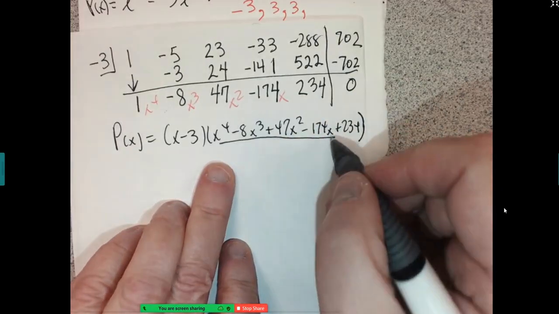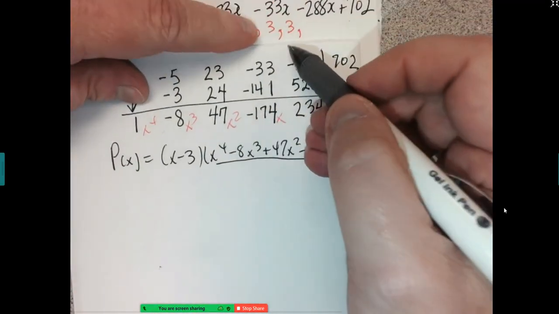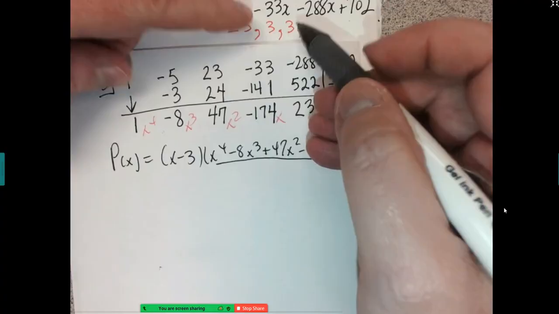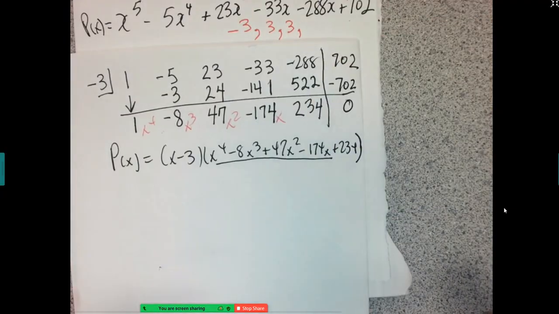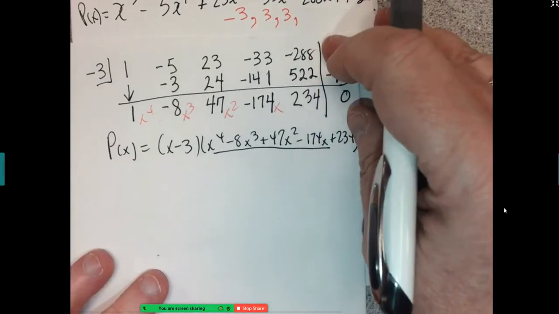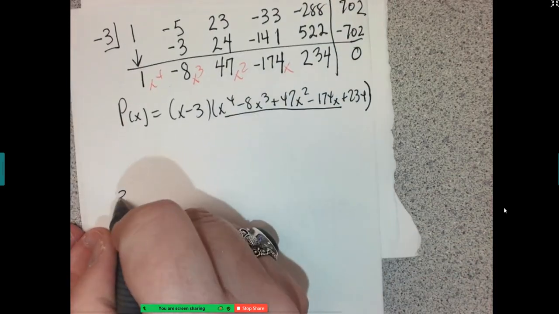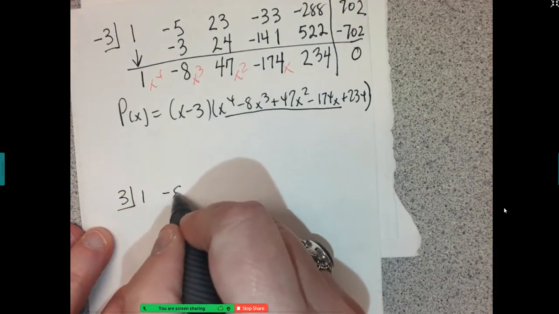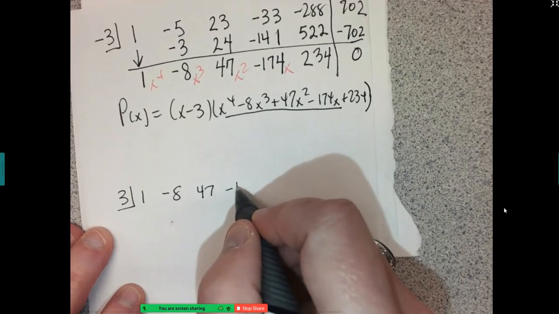Then I can break this one down because I've used up the negative 3, and I can do synthetic division twice with 3. And the goal is to get to a quadratic where you can use the quadratic formula. I don't know how much time we have left.